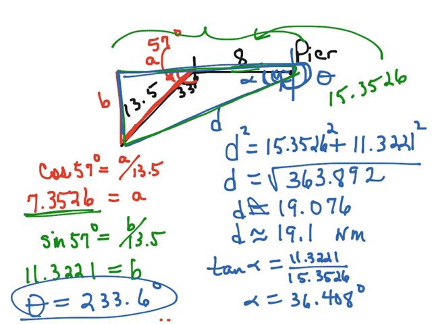Now, we could also write this a different way. For example, we might want to start south and then measure to the west.